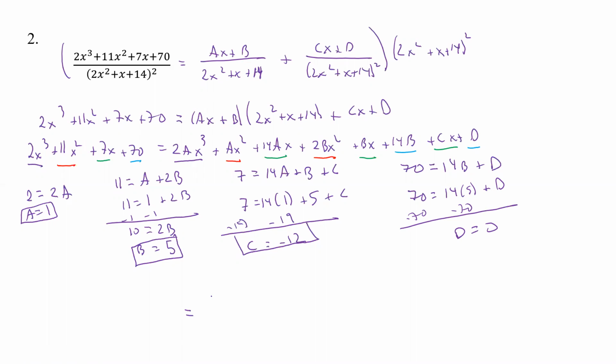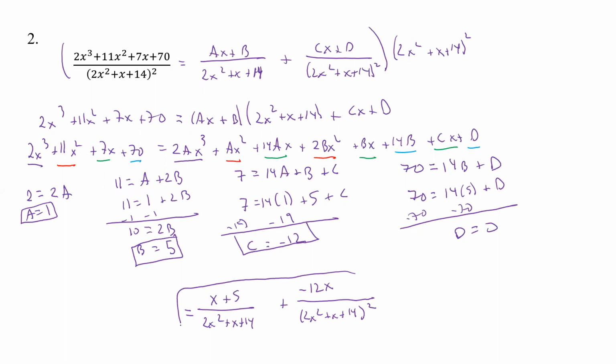So a was 1, so x, b was 5, plus 5 over our first term, 2x squared plus x plus 14. And then plus c, which is negative 12, so we have negative 12x. Well, d was 0, so we don't have anything there. And then we have the 2x squared plus x plus 14, the quantity squared.